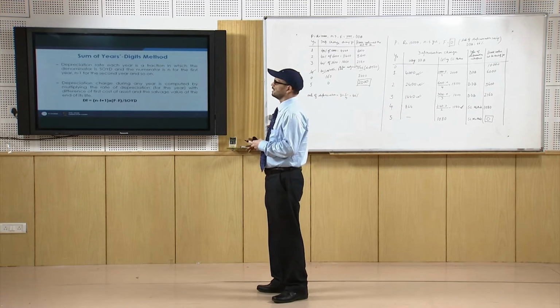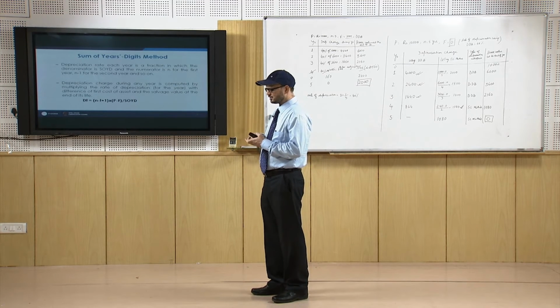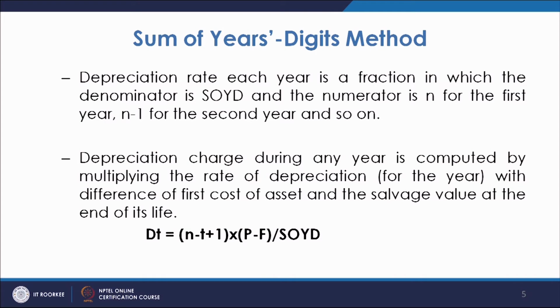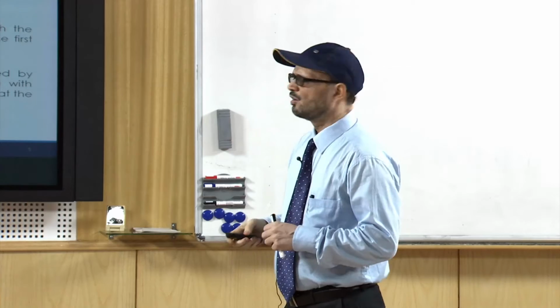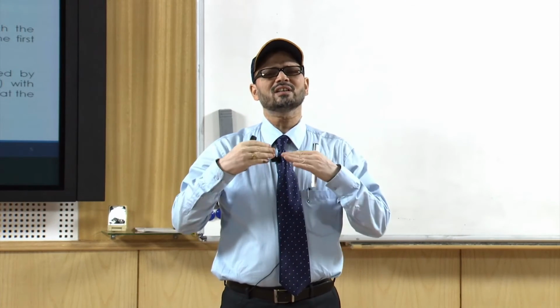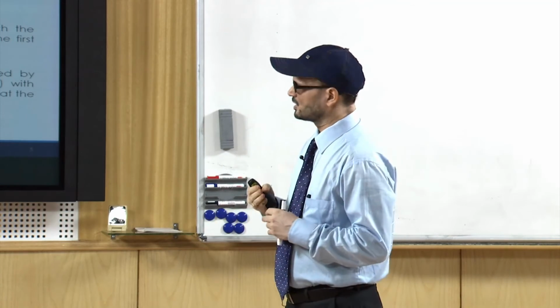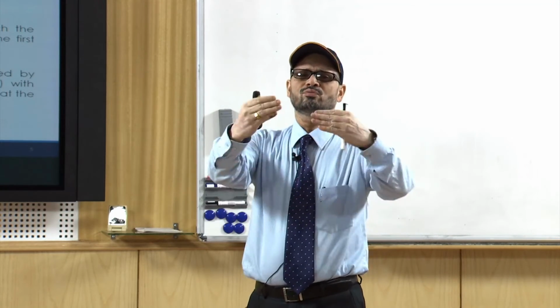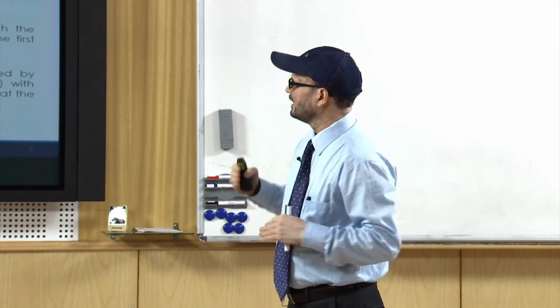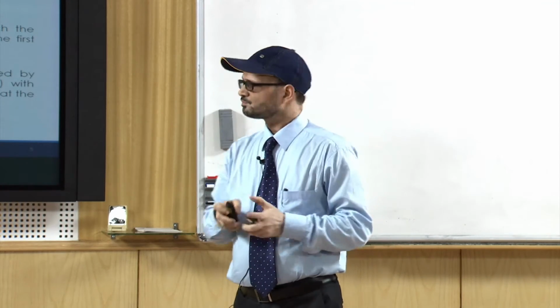Next, the method of depreciation which we will discuss is the sum of years digits method. The sum of years digits method is also a type of accelerated method, where the depreciation charge during the early time is larger, and as we move ahead the charge of depreciation slows down, it decreases.